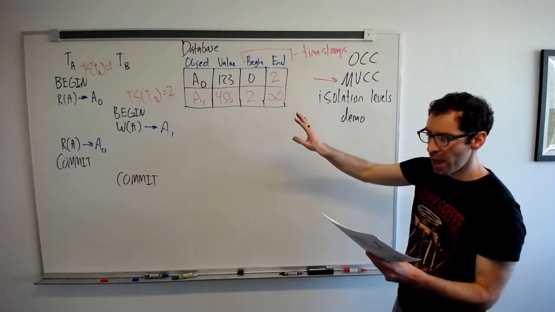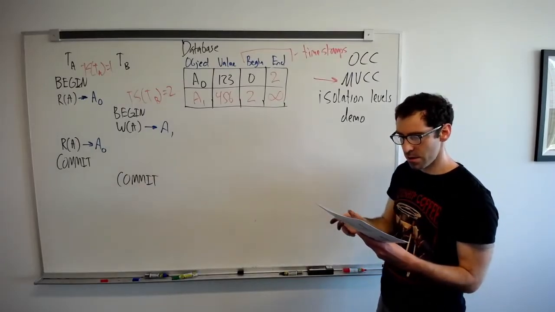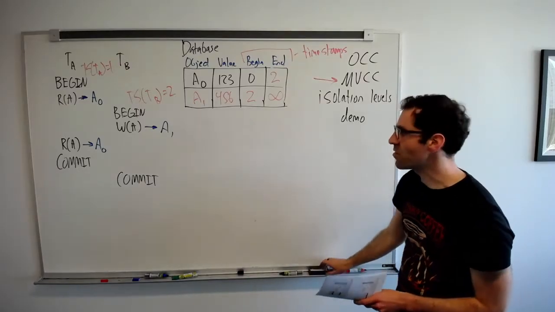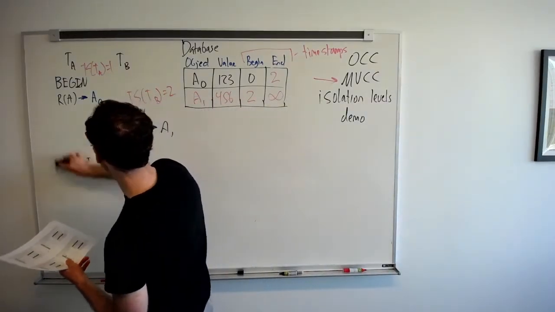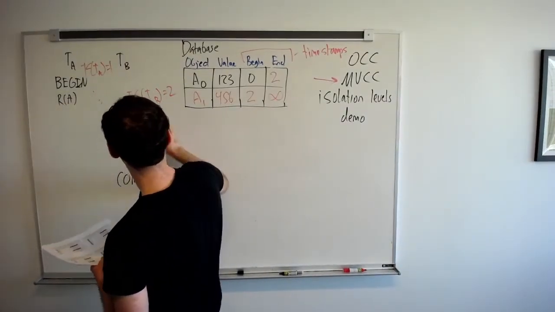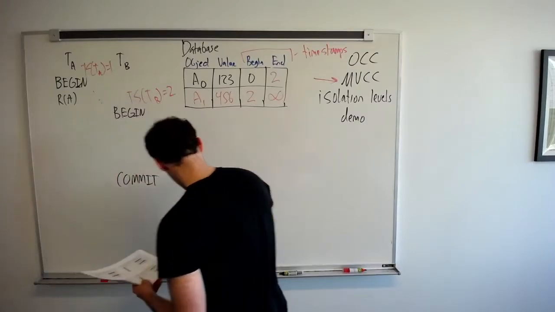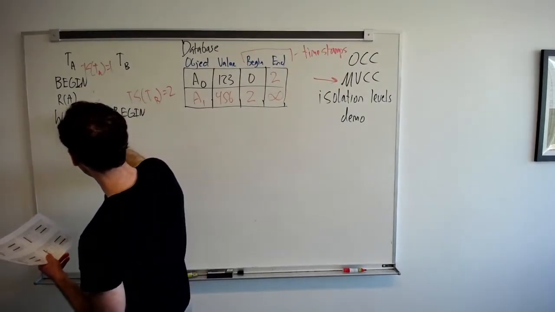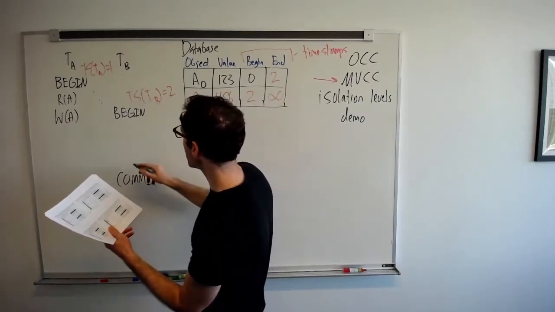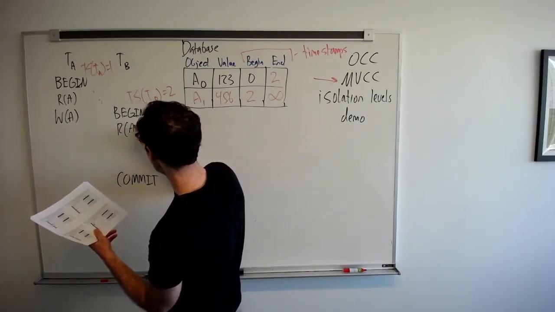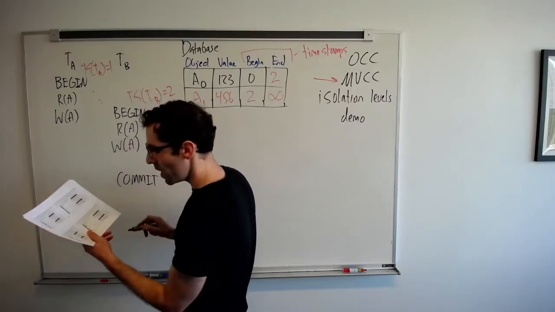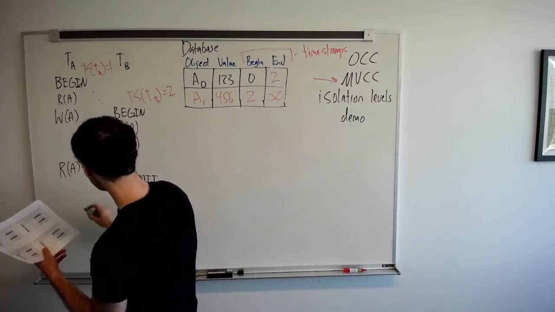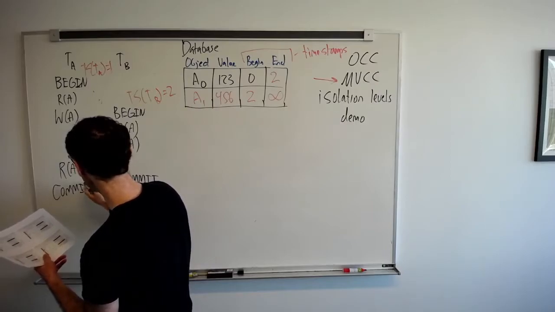All right, so let's do a slightly more complicated example where what we're going to do is have our transaction A read and write A, and then our transaction B is going to read and write A, and then our transaction A will read A again.